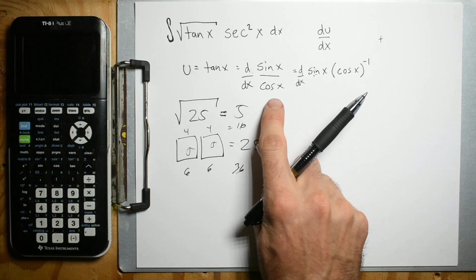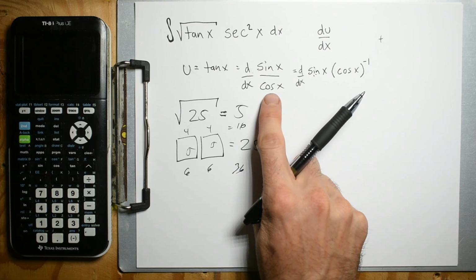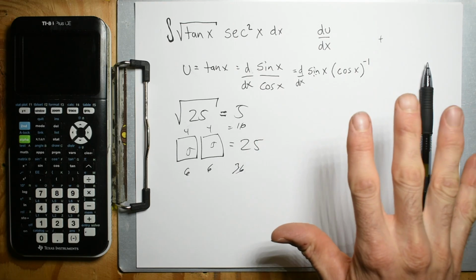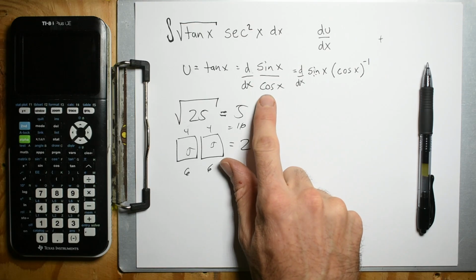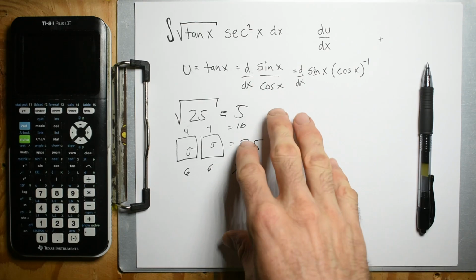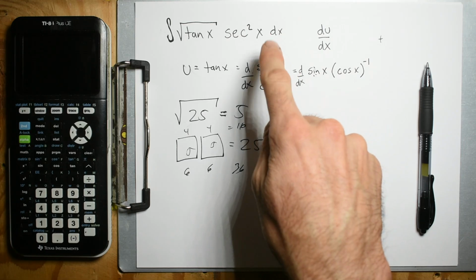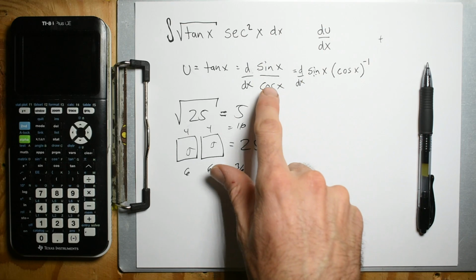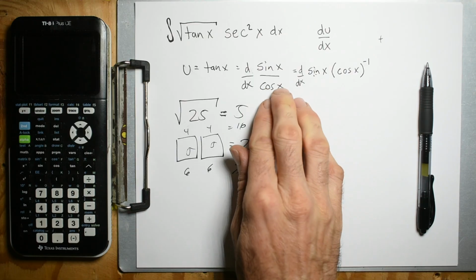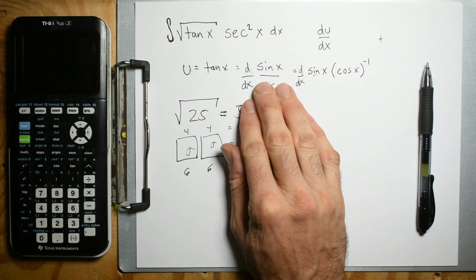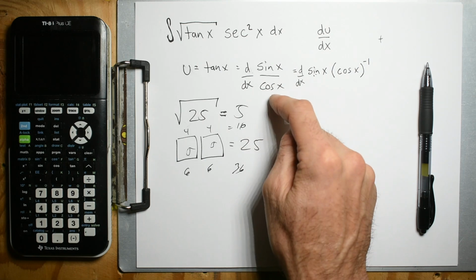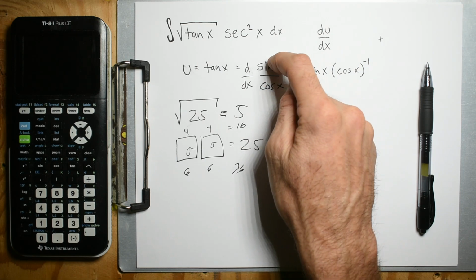Where the quotient rule, you might mess up. I'm going to say it correctly, but I'm not 100%. I think I'm 100% because I just did it the other day, but it's going to be low d high minus high d low, all divided by the square of what's below. The square of what's below, cool, I can always do that, but is it low d high minus high d low?